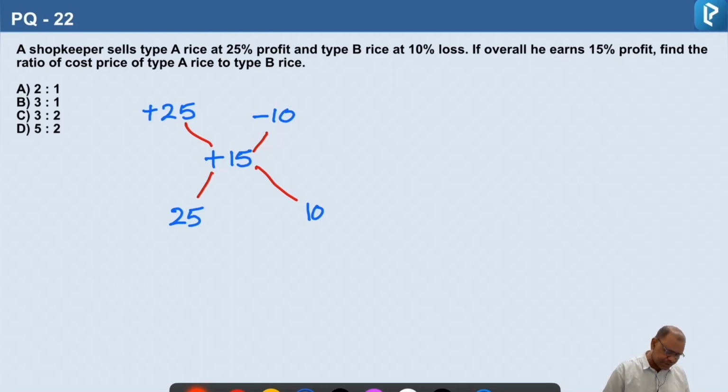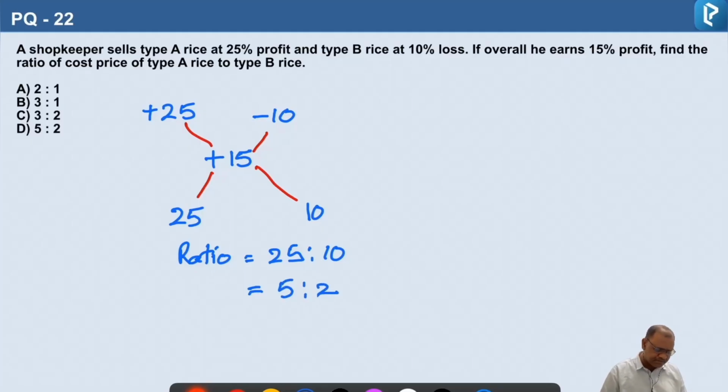So the ratio is 25 is to 10. Simplify by dividing both terms by 5: 5 is to 2. So the ratio of cost prices is 5 is to 2. The correct answer is option D.